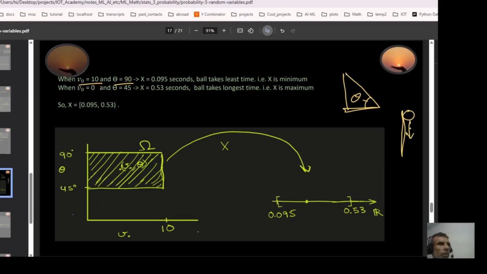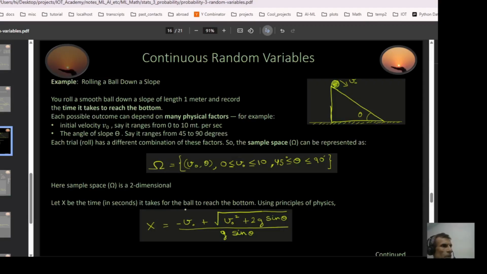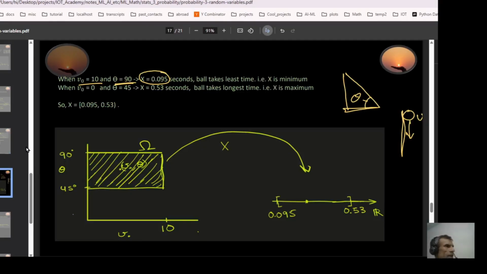Your initial velocity is given to you, in this case 10, and theta equals 90 degrees. So it's saying that your x is going to be 0.095 seconds. They calculate this using this formula. I substitute the value of v0, substitute the value of g, which is acceleration due to gravity, and I substitute my theta in there, and my x comes out to be 0.095 seconds.